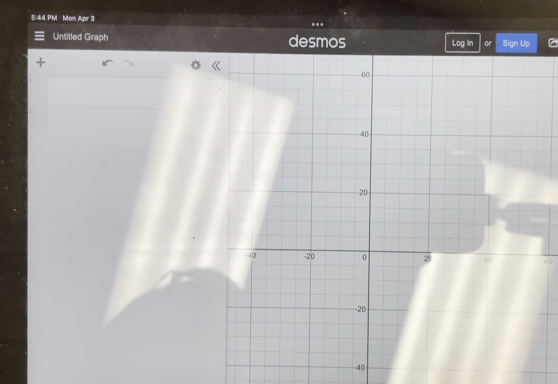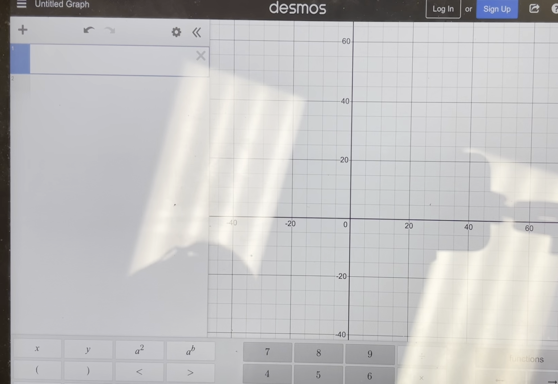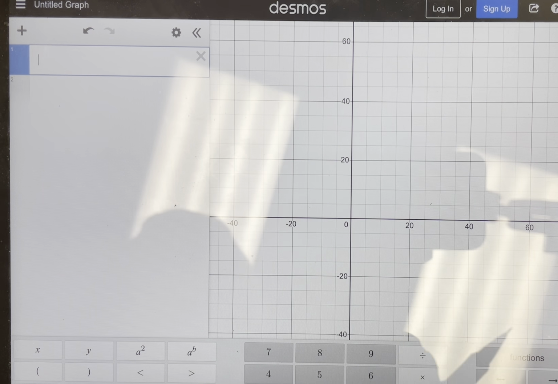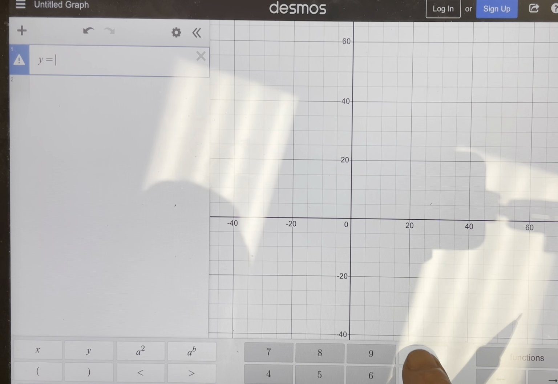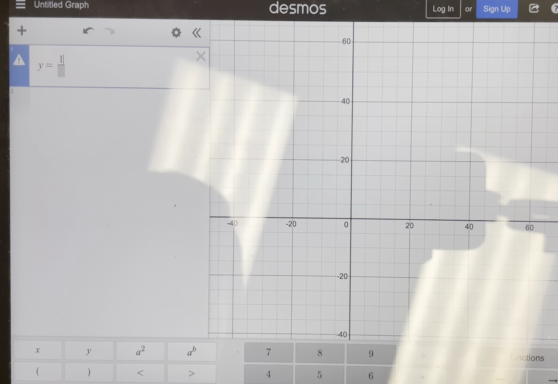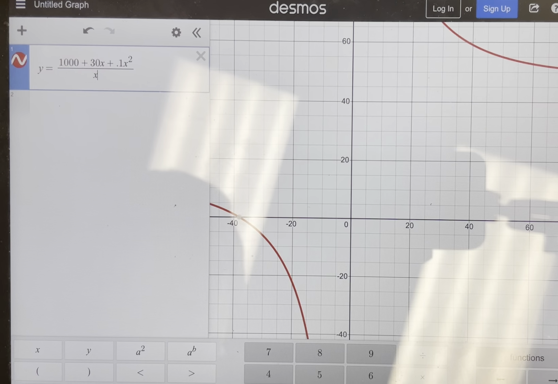Let me move this out of the way and pull up my graph. Okay, and this is y equals 1,000 plus 30 times x plus 0.1 times x squared, all divided by x.